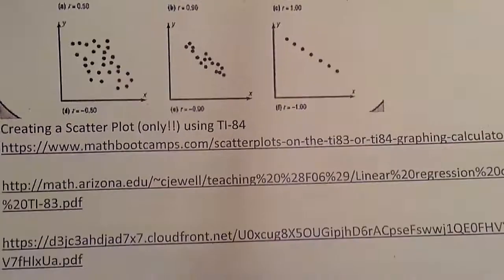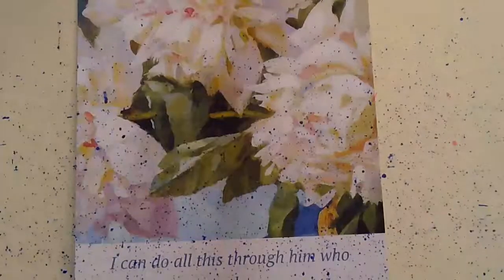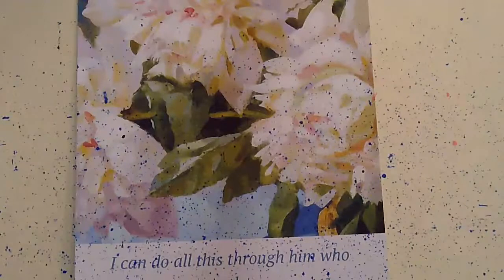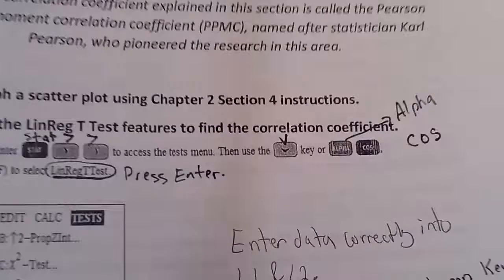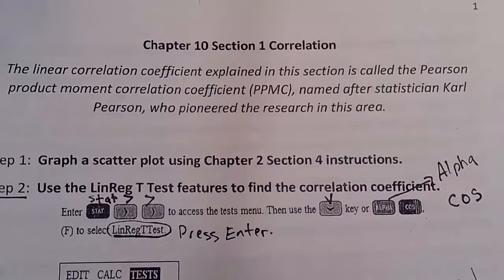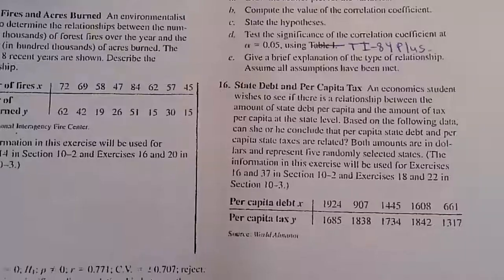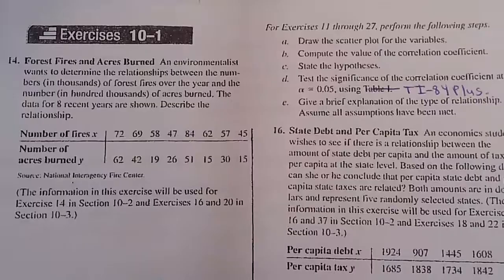And this is a YouTube video here. That was what was in your workbook, but you see there are no problems. So I had to supplement with the calculator commands. I had to make this handout to supplement the calculator commands because this didn't have any calculator commands for the TI-84. And then I had to get a couple problems, so we made these from the ebook to work with.